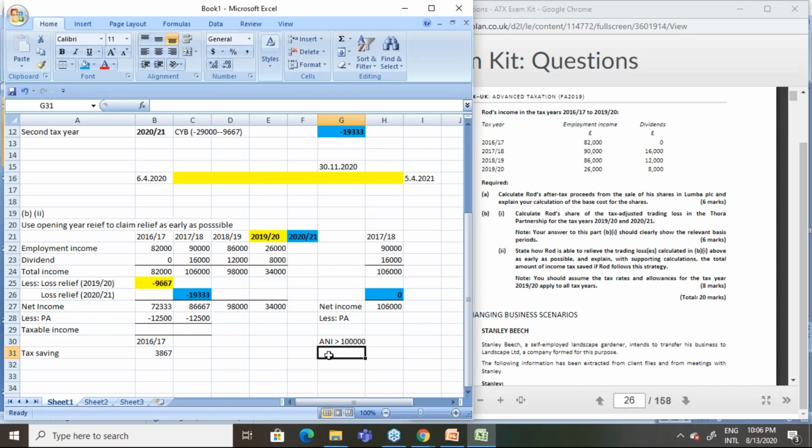By how much? Personal allowance is 12,500. It should be reduced by a proportion of the adjusted net income. How do you calculate the adjusted net income? Net income minus gross personal pension contributions and gross gift aid donations. In this question, we do not have those, therefore my adjusted net income is equivalent to net income £106,000.